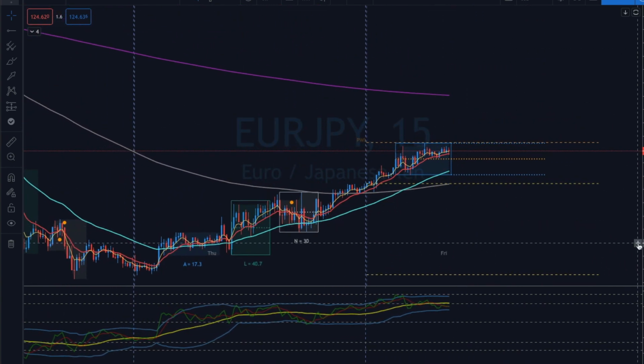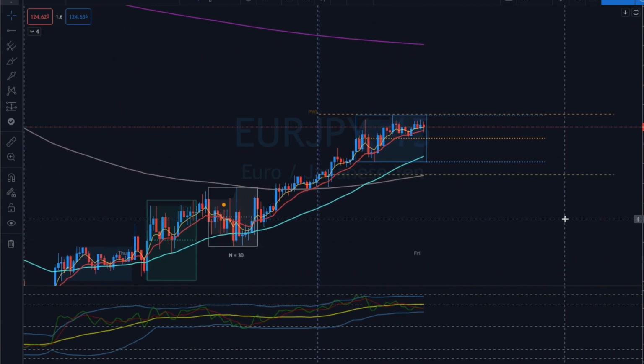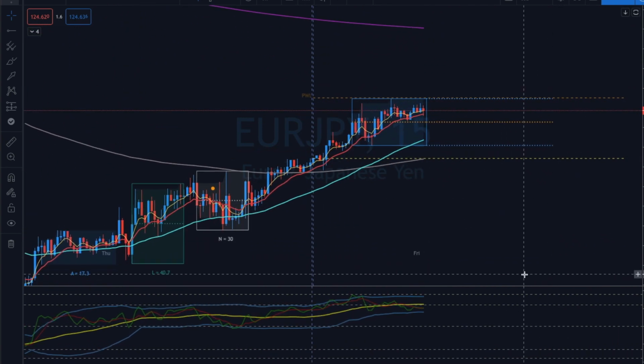So the setups that I would ideally like to see is, again, a bounce off either the 50 or the 200 EMA. So I would actually be looking for buys, and I would want either a type 2 buy or a type 1 buy that bounces off the 200 or the 50, one of the two EMAs.